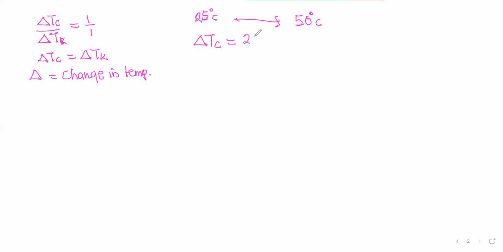So this is 25 degrees Celsius. This change in temperature on the Kelvin scale is the same as 25 Kelvin. But it does not mean that 25 degrees Celsius is equal to 25 Kelvin; for change in temperature, they are the same. So we'll later look at how to convert one temperature to the other, using the scales.